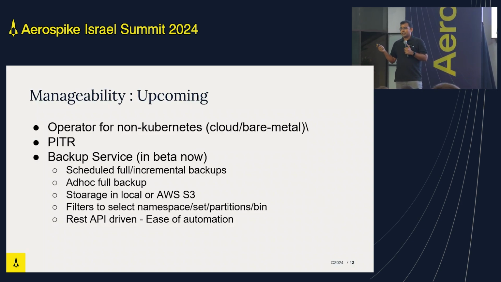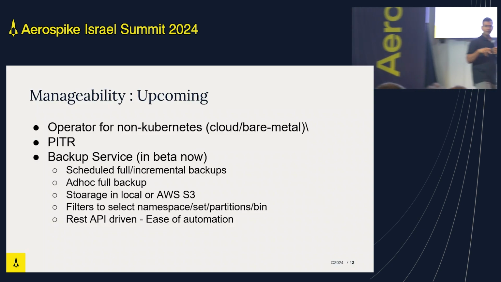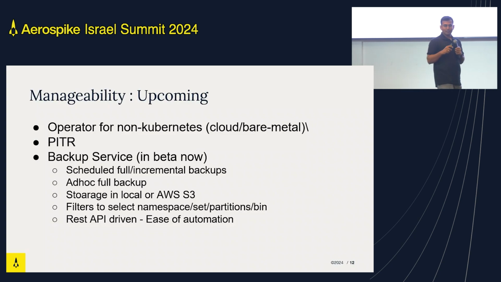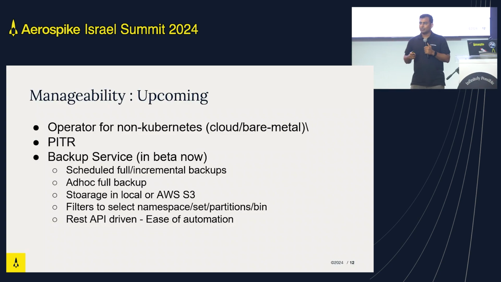So you may want to run this during your night, and you don't want to be awake to run these jobs. With the backup service, you can automate this, and you can say when you want to do backups, when you want to do your full backups, and how frequently you want to do your incremental backups. But let's say you realize that there is some major activity that you are going to do, and you want to take a full backup. You can say, okay, I want to do a full backup now, so that if something goes wrong, you're sure that you can go back.